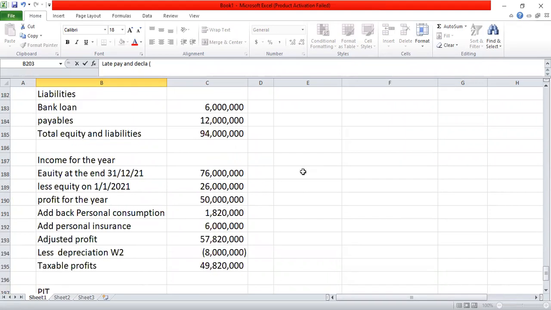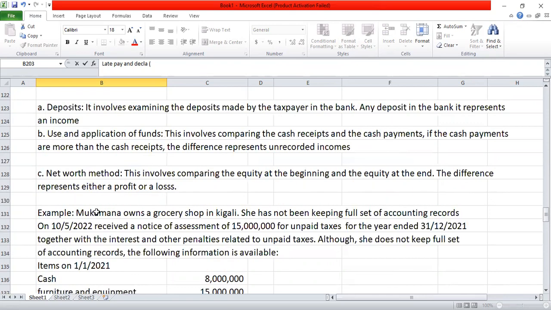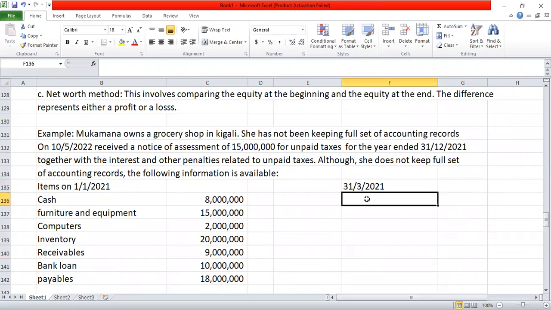That's where we needed to look. The notice of assessment was issued on 10th May 2021. He was supposed to declare on 31st March 2021, meaning it is between 30 to 61 days.